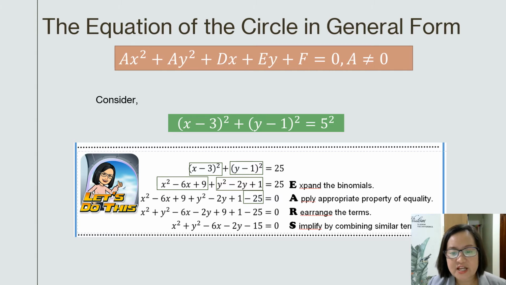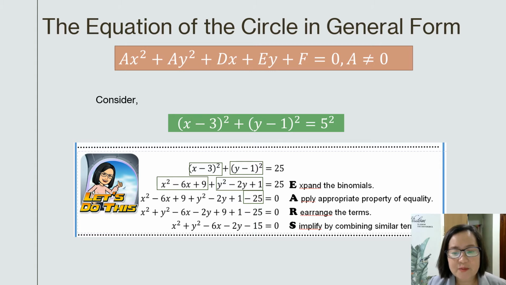The second step is to apply appropriate property of equality. In this case, we have applied subtraction property of equality in order to transpose 25 to the left side. Thus, we will be getting negative 25.